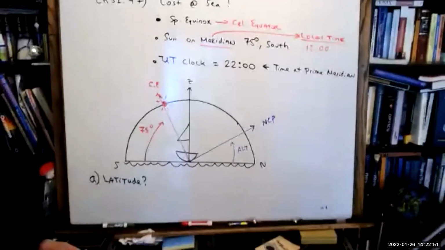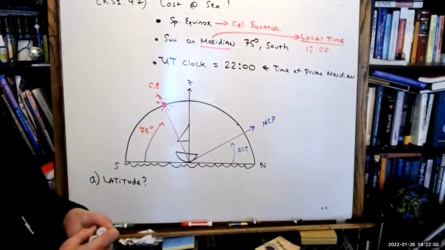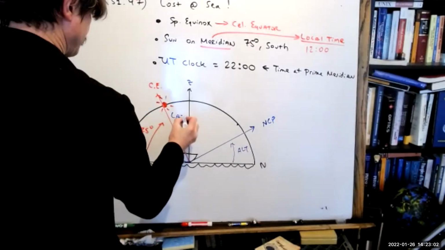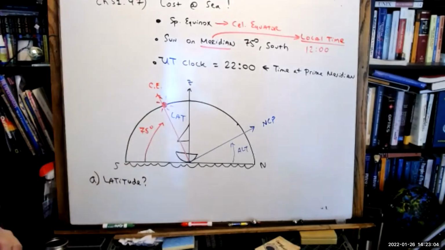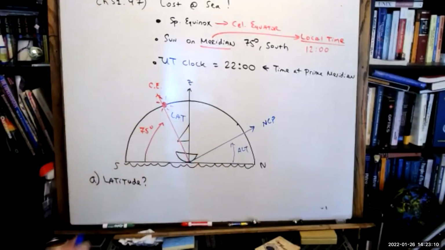Okay, so according to my notes, it says altitude of Polaris is equal to your latitude. Right. We did this today, right? Alpha, beta, gamma, delta.